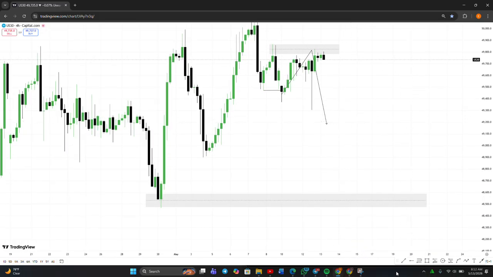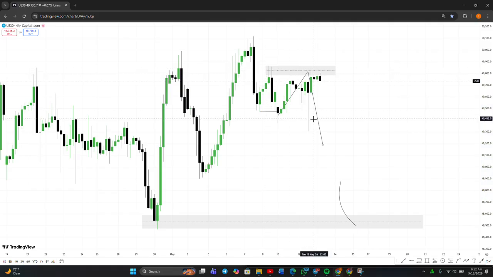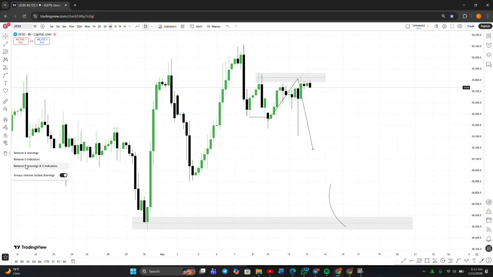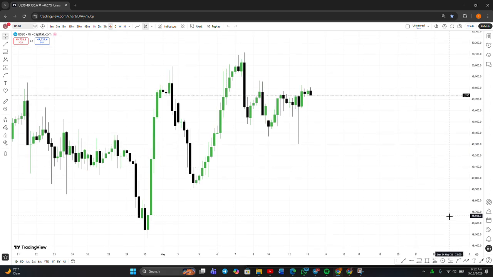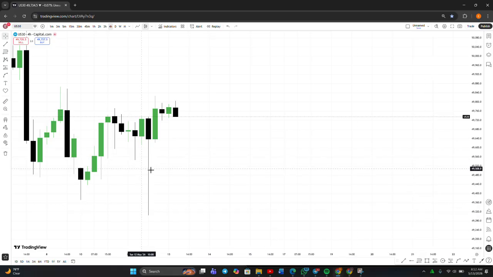And secondly, I was looking at price coming to this key level and then taking off from here to the upside. So like I normally do, I'm going to delete everything here and start over from the beginning so you can see how I took the trade.